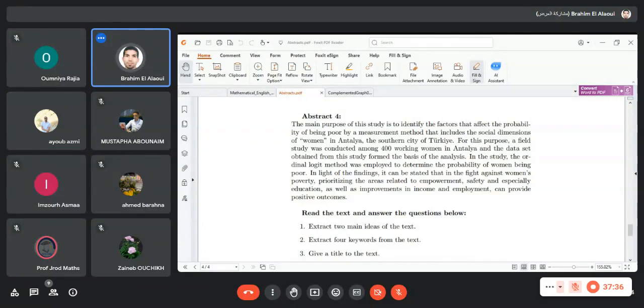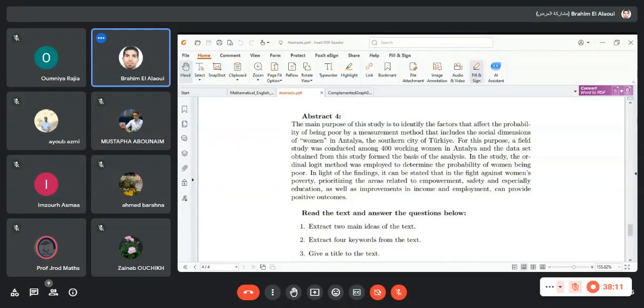Actually, you have to specify a little bit. Maybe we can say the probability of being poor of women, including the social dimension of women, or in Antalya, maybe. Okay. What about Mustafa?